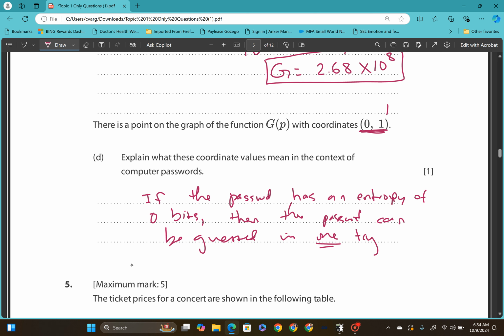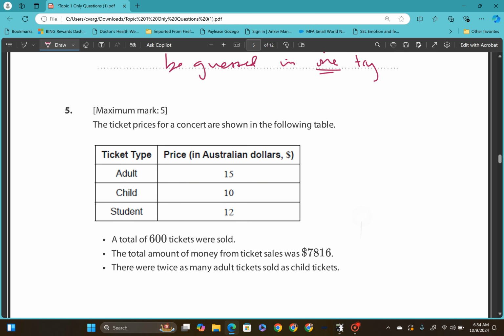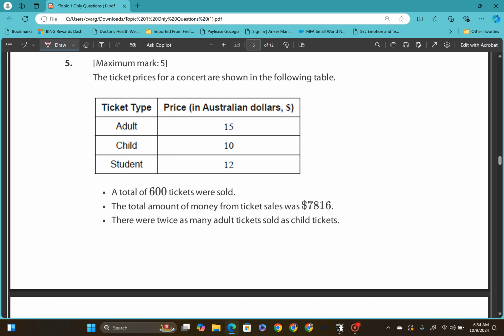So this is the number of guesses, and this is the entropy, right? The bits.